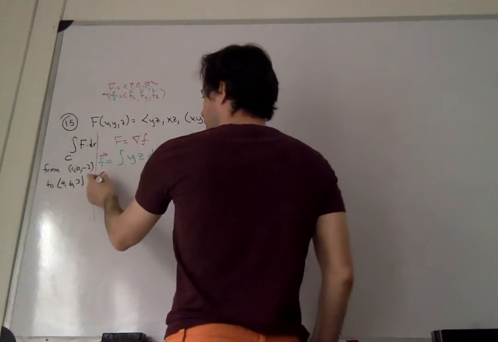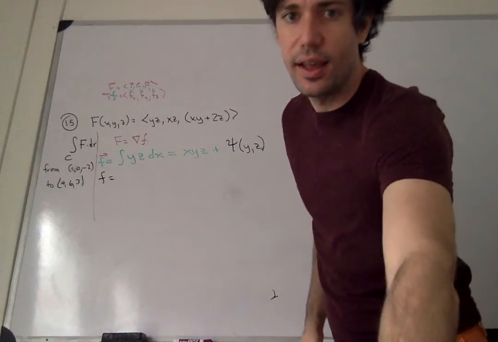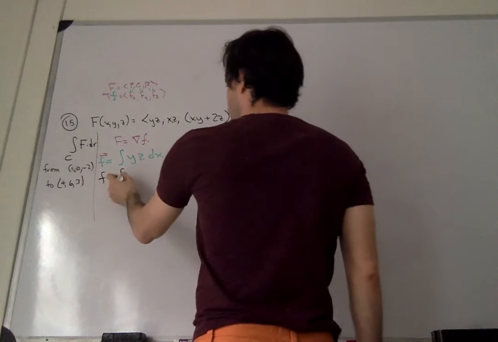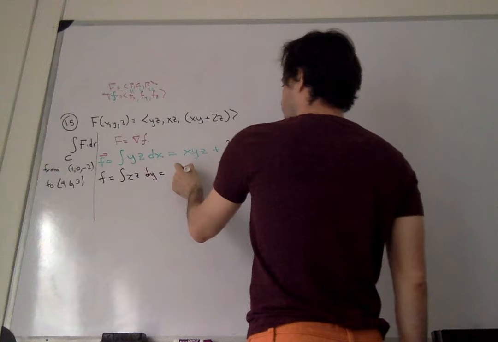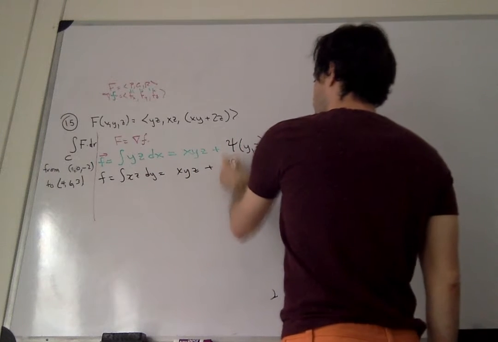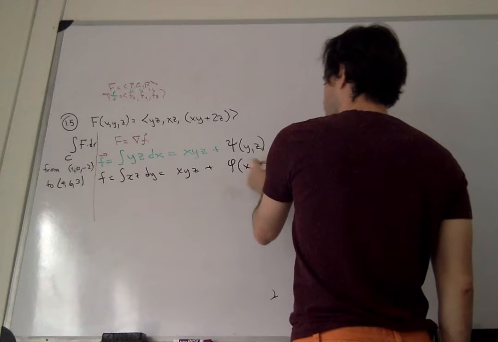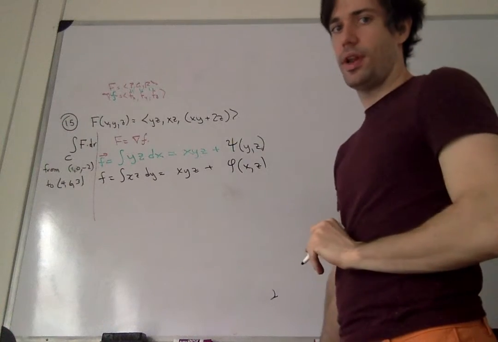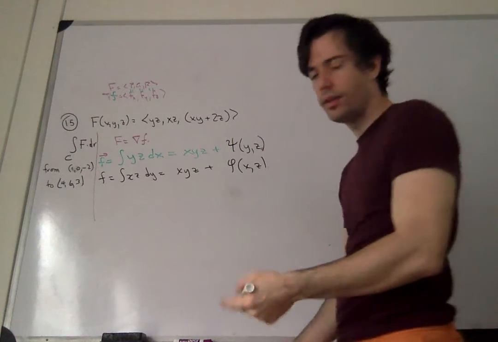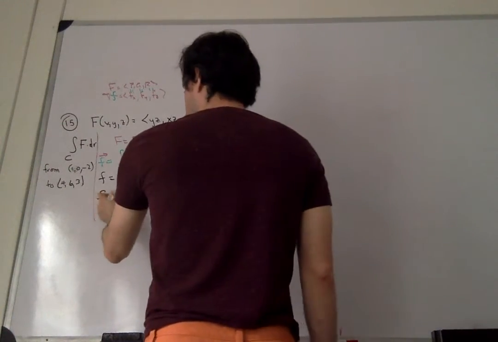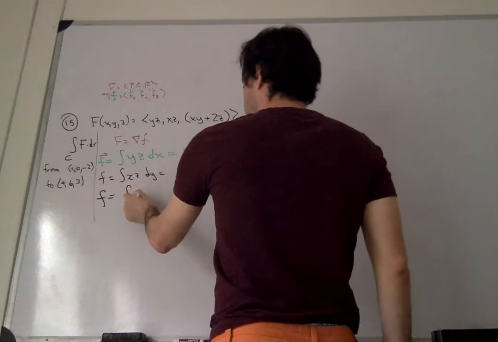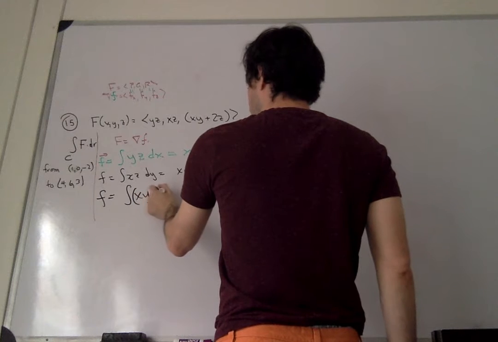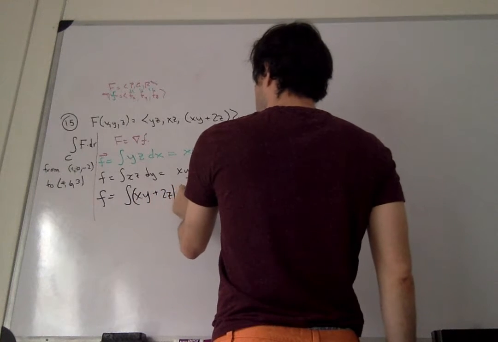Similarly, if I take the integral of the second coordinate with respect to y, I pick up xyz plus some other function, but this is going to be of x and z, since I integrated with respect to y. Finally, I do this again, but this time in the third coordinate, with respect to z.